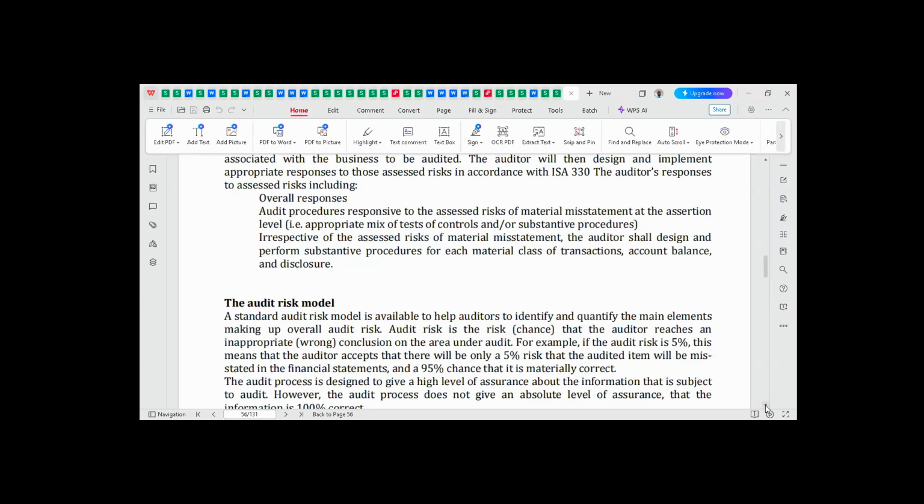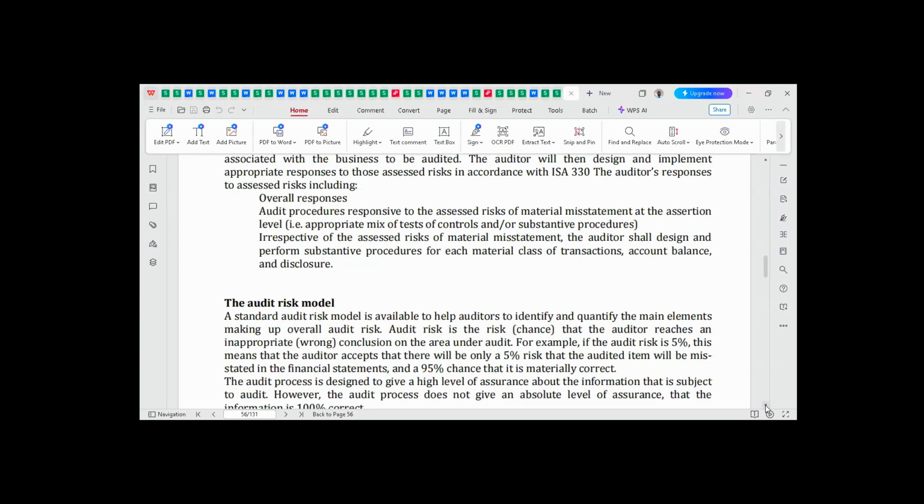I take it again. If you are auditing what you have not completely understood, there is high probability that the report you are going to issue at the end of the engagement will not be accurate. So there is that likelihood, there is that probability in every audit engagement.